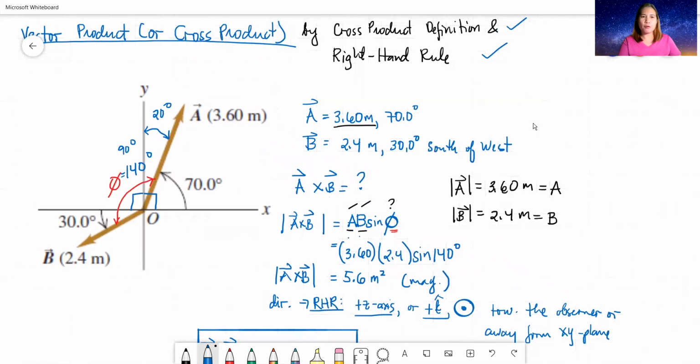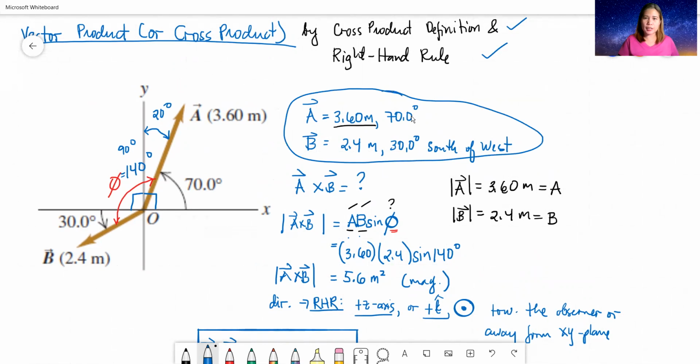If you're required to perform a cross product between two vectors, and if the vectors are given in magnitude and direction notation, like these two here, then the easiest is to use the definition of the magnitude of the cross product, which is just A times B times sine of phi for the magnitude, and then the right-hand rule for the direction.